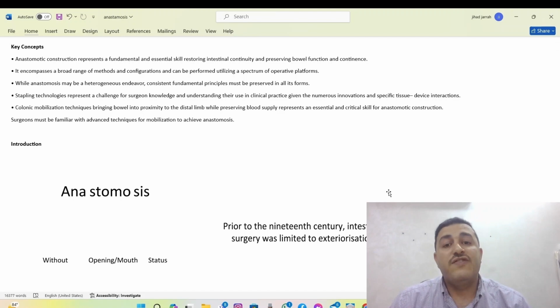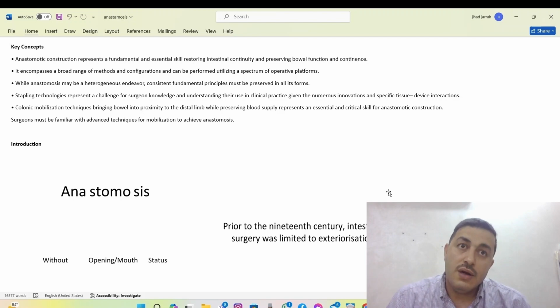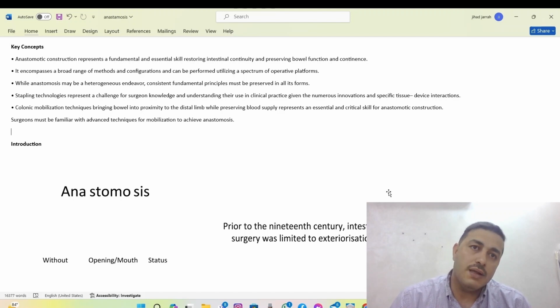Fortunately, with the development of science, we noticed that when we connect two bowels together, we have good results in healing. And so the principle of anastomosis started to develop.